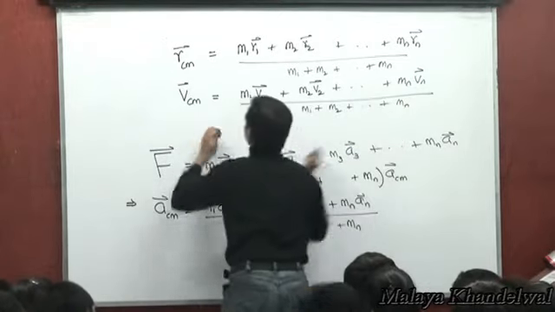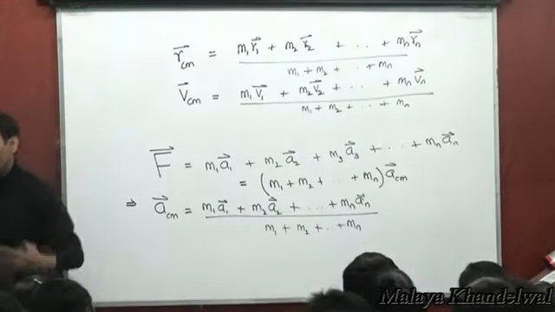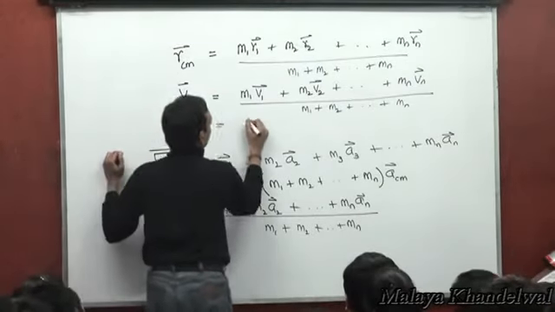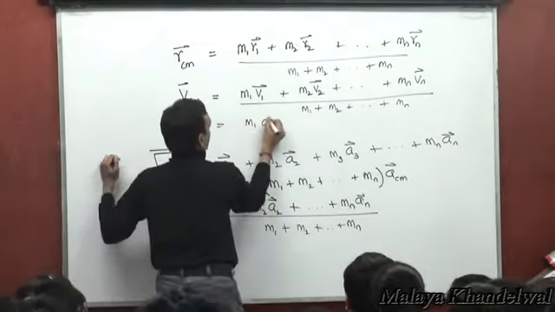And if you differentiate a second time, you get the acceleration of the equivalent particle, a_CM. That will be (m1a1 + m2a2 + ... + mnan) by (m1 + m2 + ... + mn).